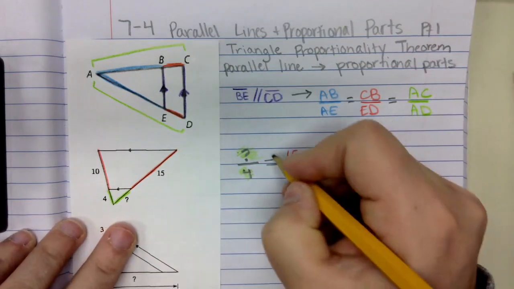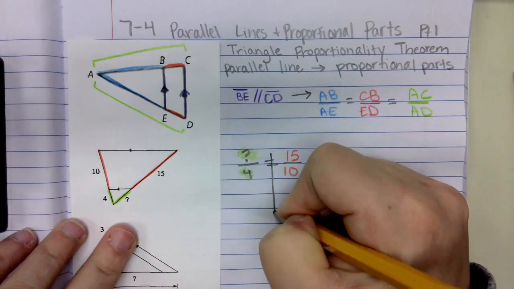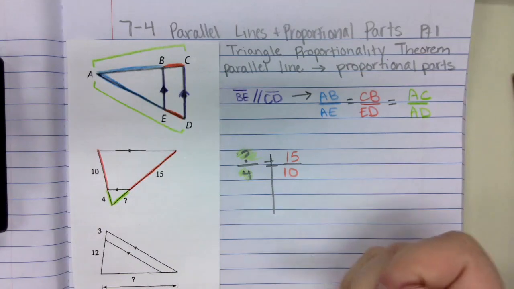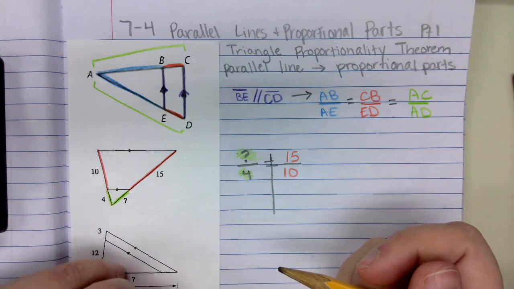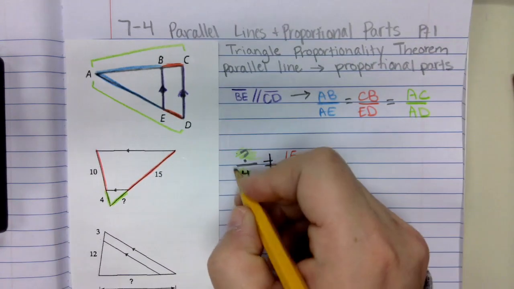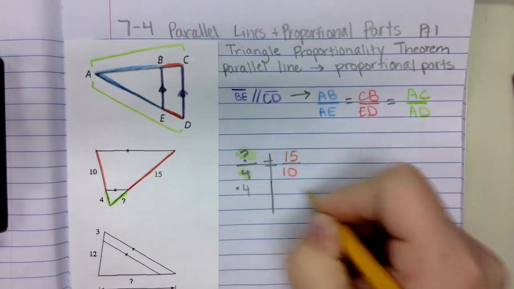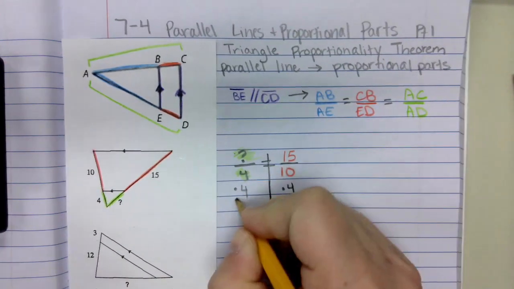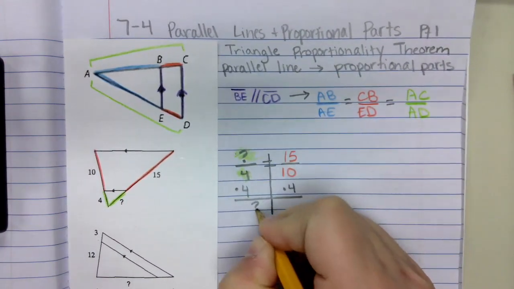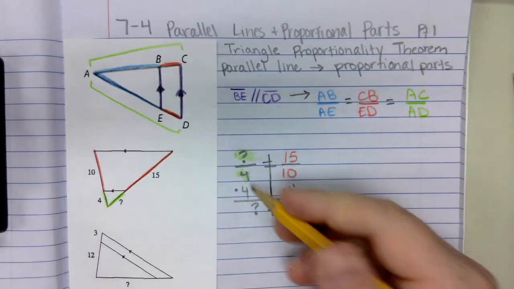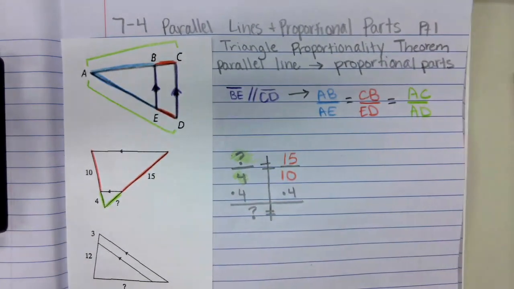And then we can go ahead and just solve this. And to solve this, all we have to do is undo this dividing by 4. And to undo a dividing by 4, we would multiply both sides by 4. So I get question mark equals. So that 4 and 4 undo each other.